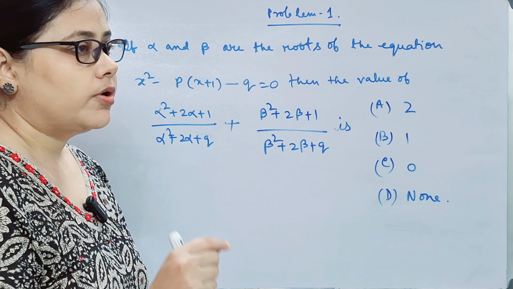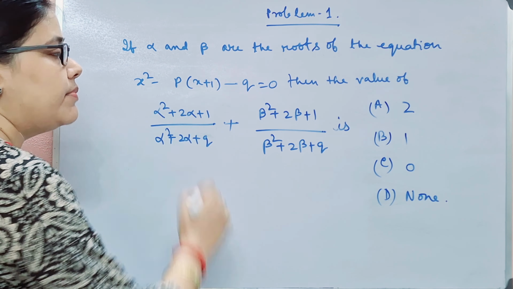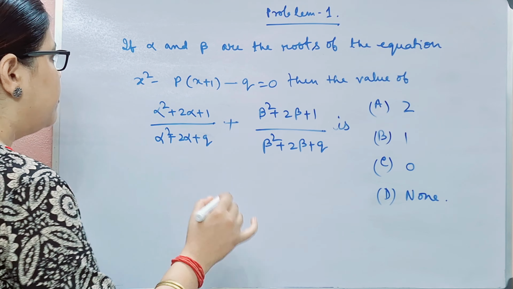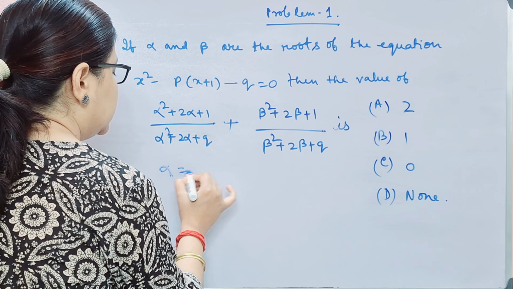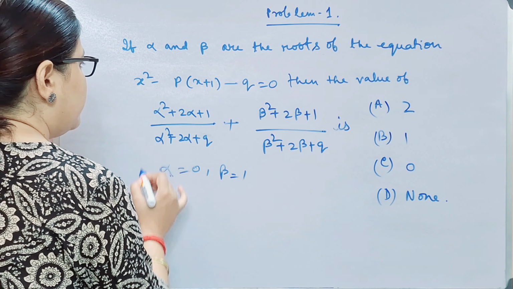So we start from the value 0 and if we put alpha and beta both 0, then the equation will be same in both cases. So I am putting alpha as 0 and beta as 1. So I will get at first x for 0.